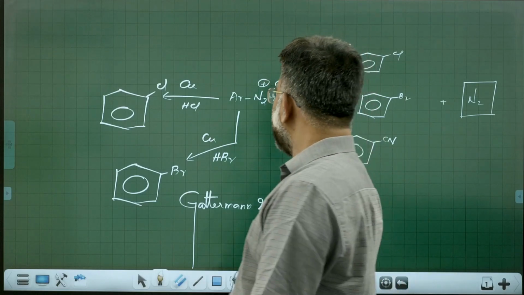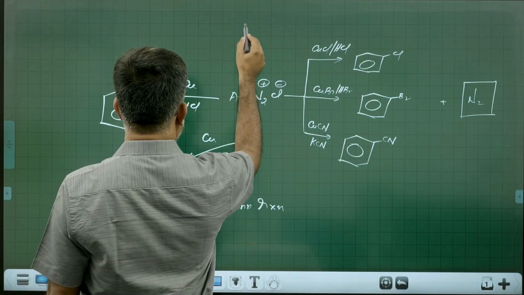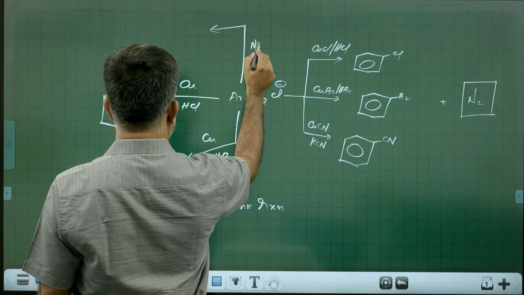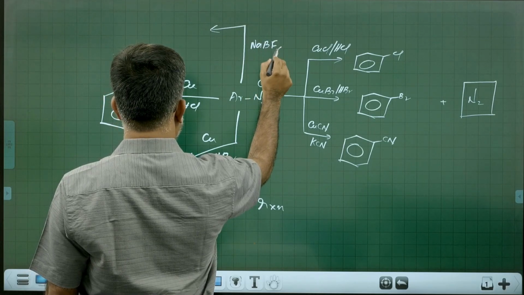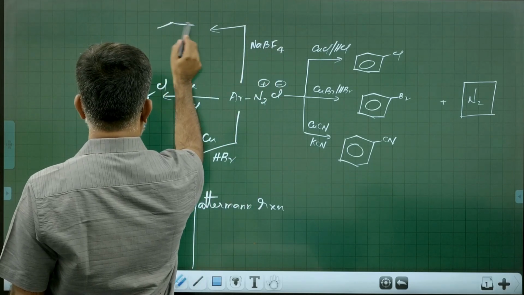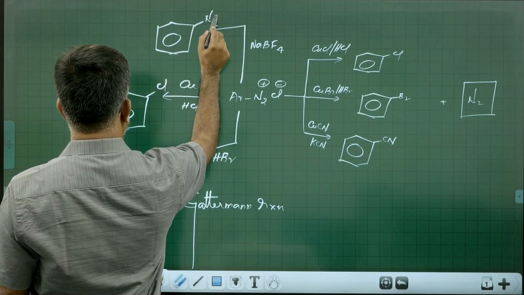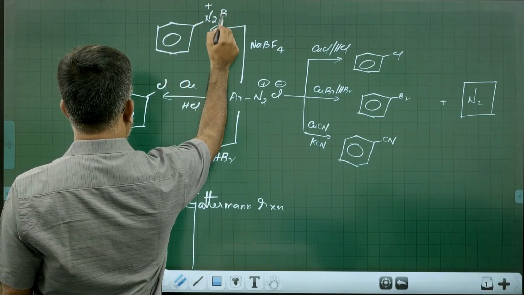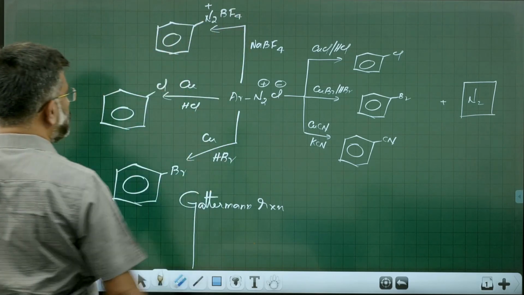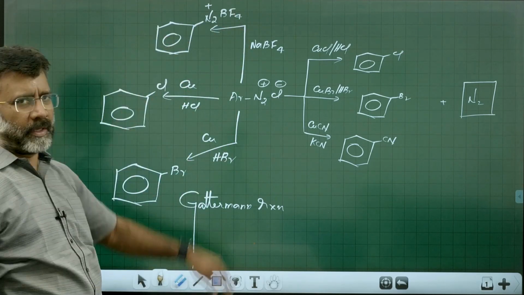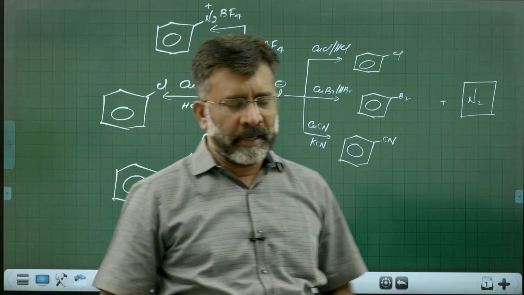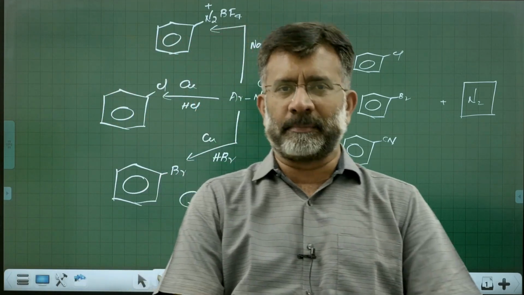Now there is another reaction where this is treated with NaBF4 or HBF4. The diazonium halide is converted to benzene diazonium tetrafluoroborate, which is another diazonium salt that is much more stable, even stable at room temperature.